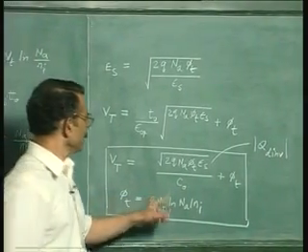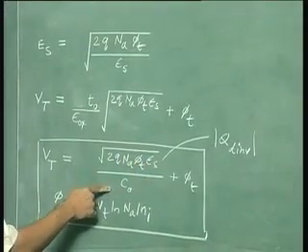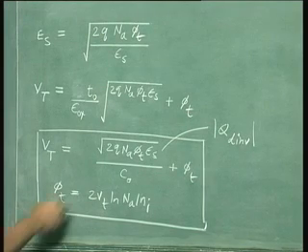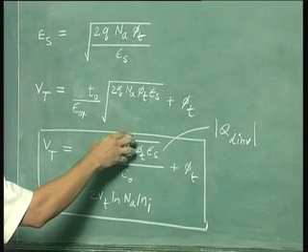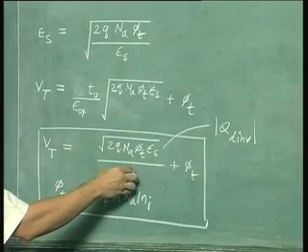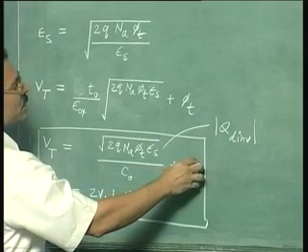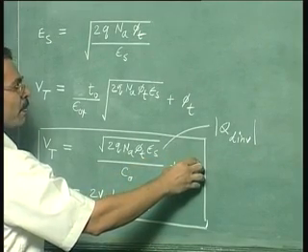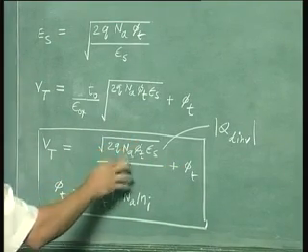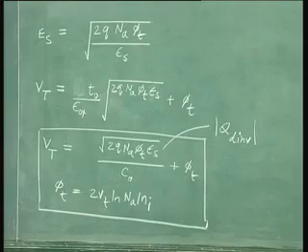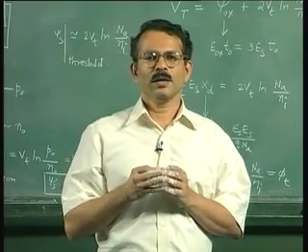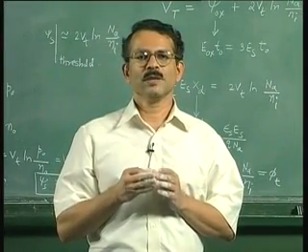In this formula, this is the potential drop in the oxide which is given by the parallel plate capacitor formula, charge on the electrode of the oxide, that is a semiconductor, divided by the capacitance, and this is the voltage drop in silicon. So voltage drop in silicon plus the voltage drop in oxide at threshold, you sum up and then you get the threshold voltage.